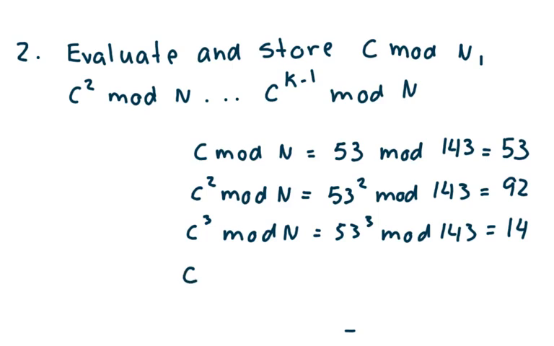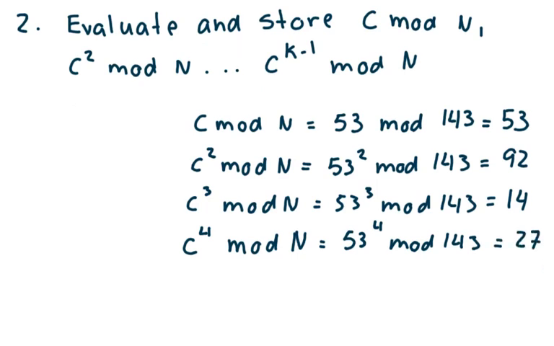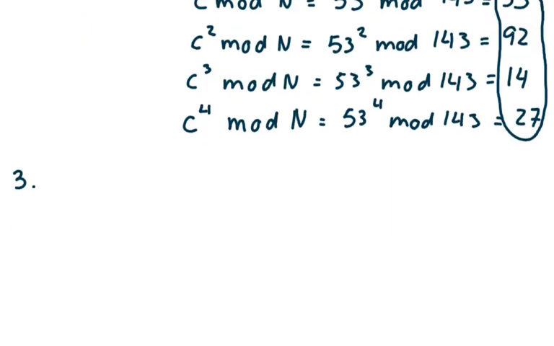And then this final value, c to the k minus 1, or c to the 5 minus 1, c to the 4th mod n, is equal to 53 to the 4th mod 143, or 27. So now Eve is going to take these values and she's going to store them until she needs them again. Sounding familiar?